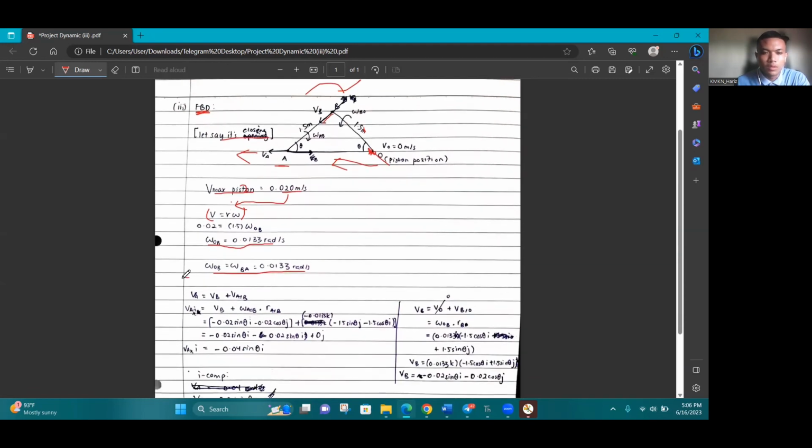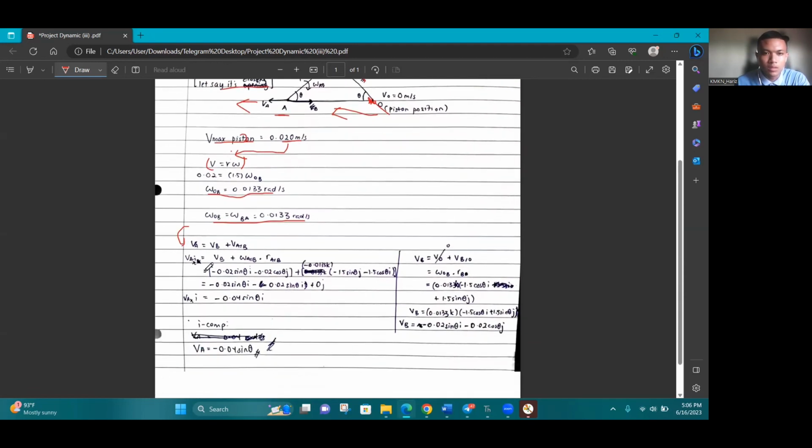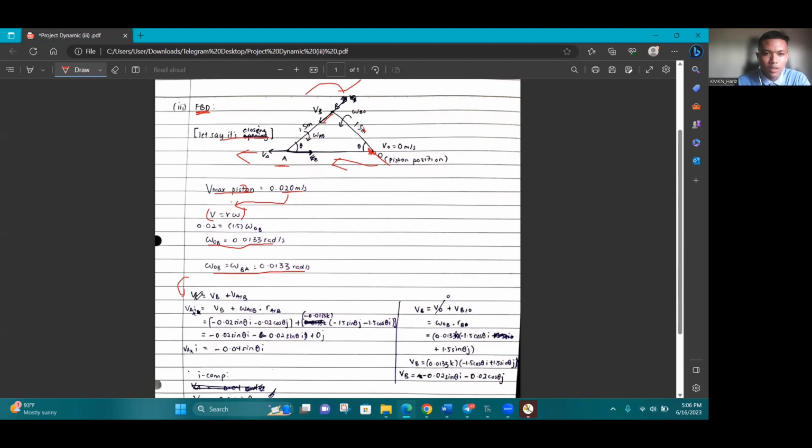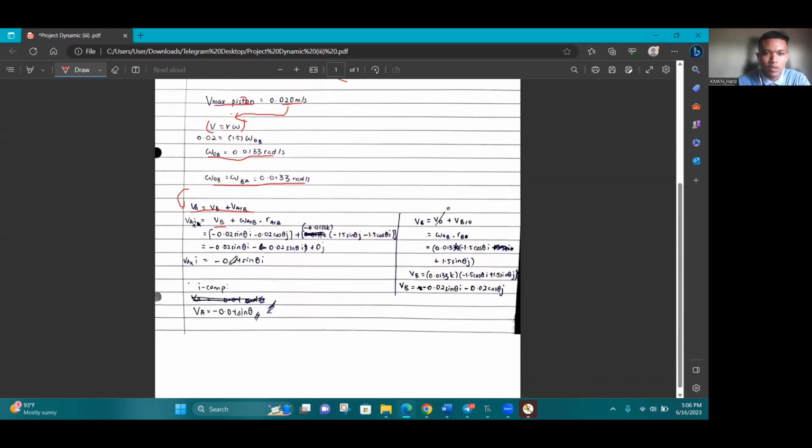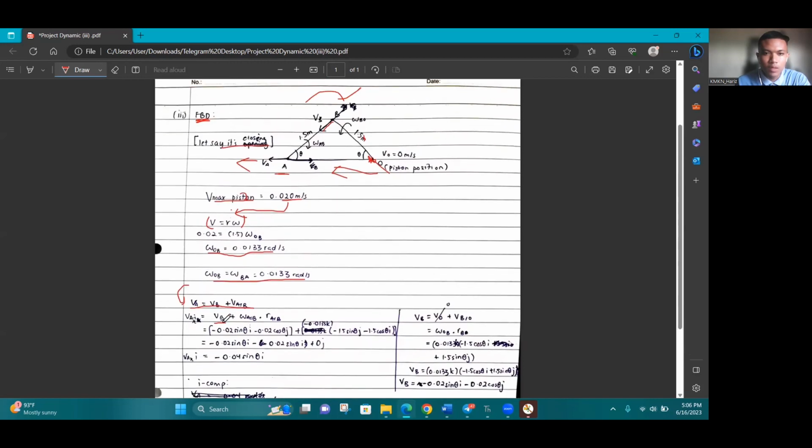So moving on to the second equation, which is the famous vector equation. We choose VA equals VB plus VAB. VB we don't know yet, so from that we have to make another third equation, VB equals VO plus VBO. We know that VO is 0 because it is a fixed point.